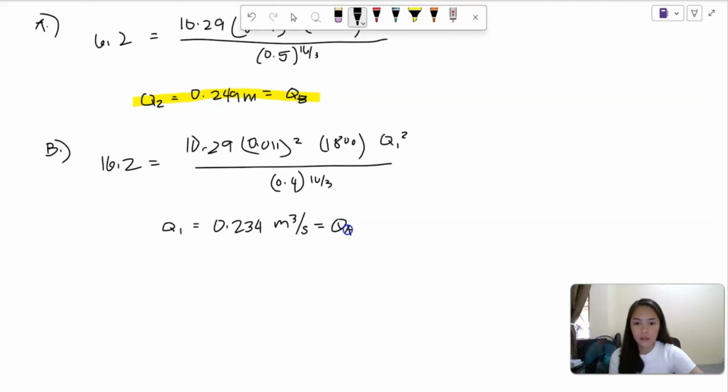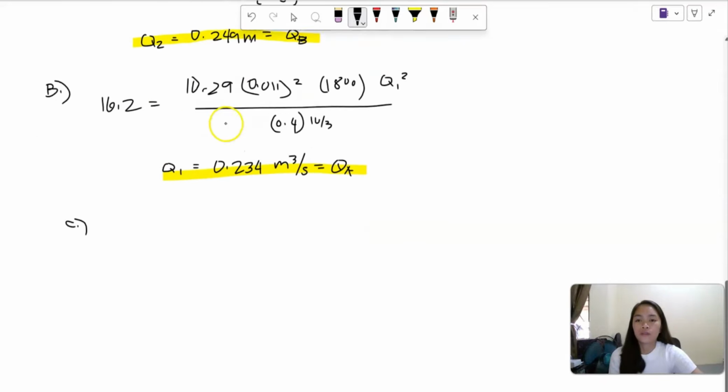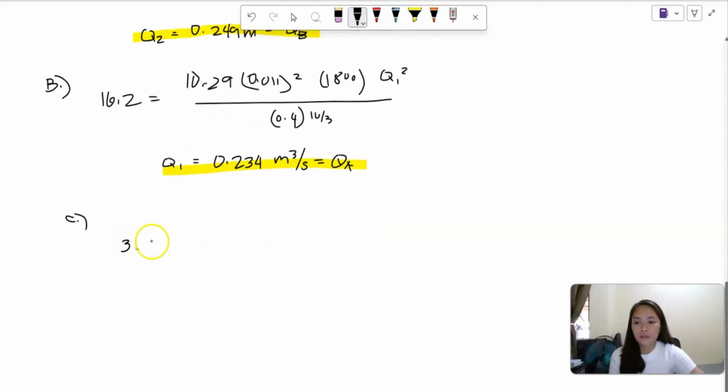Or this is the Q sub A. And for the last question is to get the Q sub 3. So HF3 is equal to 3.8. So 10.29, 0.011 squared. Its length is 4,000.